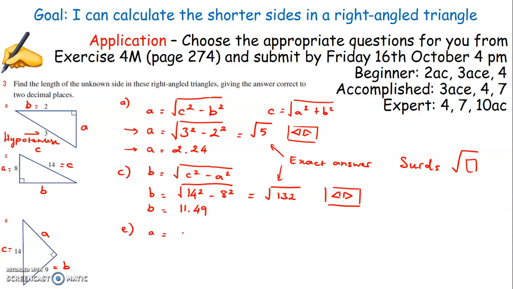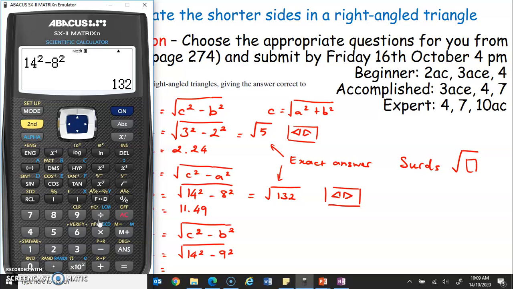So our formula is A is equal to the square root of C squared minus B squared. So putting in the numbers, C is 14, so 14 squared minus B, which is 9, so 9 squared. Don't forget the square root sign there. So we would have the square root of 14 squared minus 9 squared.